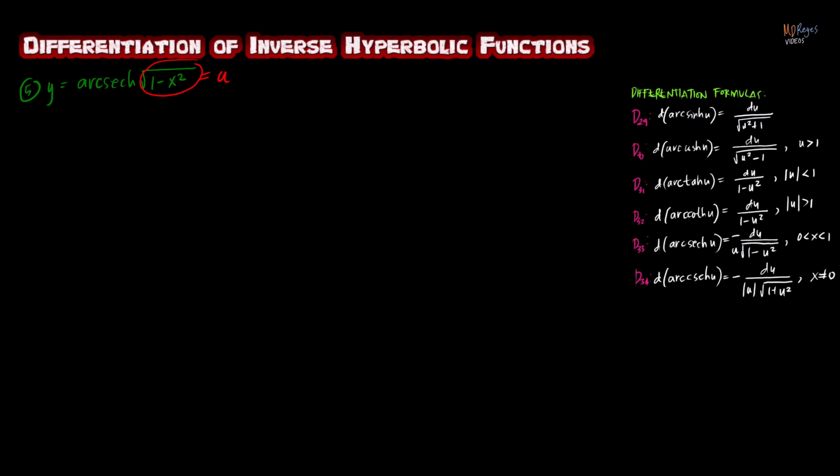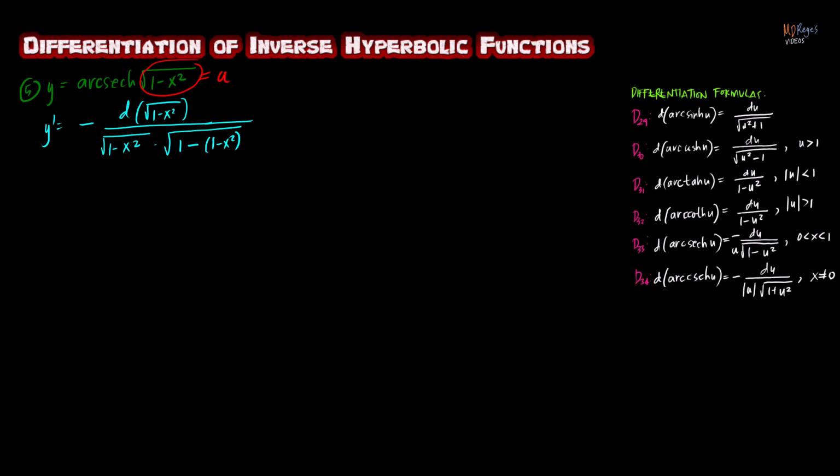So y prime according to d33 is equal to negative of du, the derivative of the square root of 1 minus x squared, over u, where u is the square root of 1 minus x squared, times the square root of 1 minus u squared. When we square the square root of 1 minus x squared, we just get 1 minus x squared. So the radicand is 1 minus the quantity 1 minus x squared.